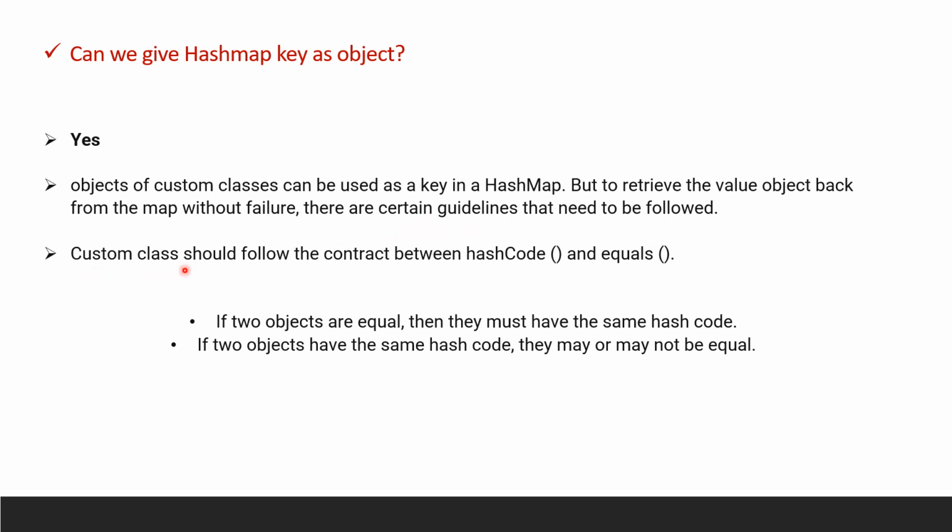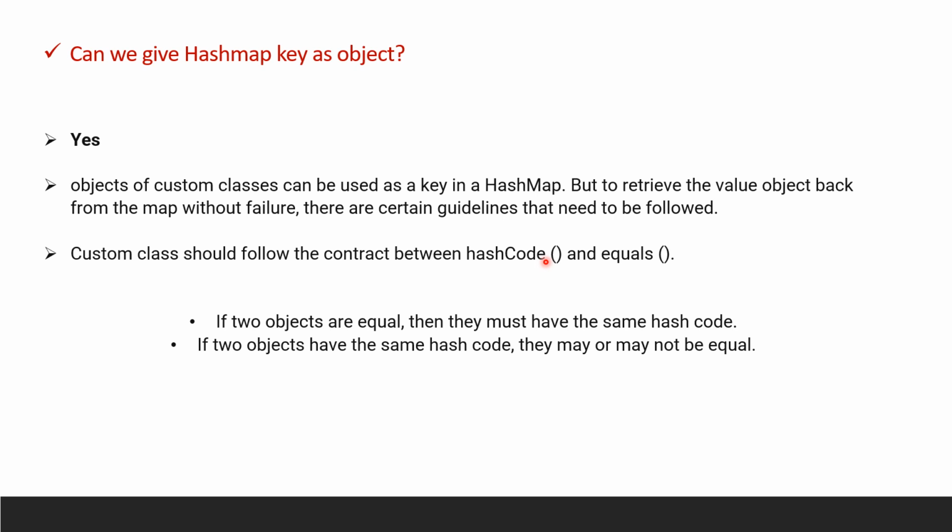The custom class should follow the contract between hashCode and equals methods. Again, this is also one of the favorite questions of the interviewers. What is the contract between hashCode and equals?